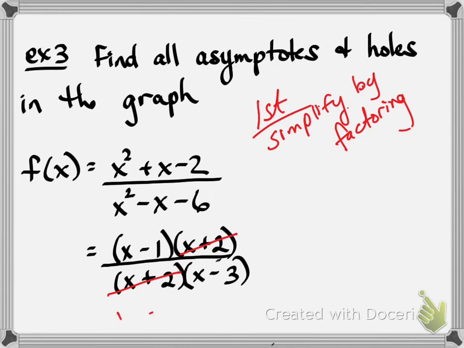If you put negative 2 into this equation, this is going to give you a 0. And a 0 times x minus 3 is going to give you a 0 in the denominator. But it doesn't cause an asymptote. Since I'm able to divide it out, this is a hole at x equals negative 2. So there's an actual hole in the graph.